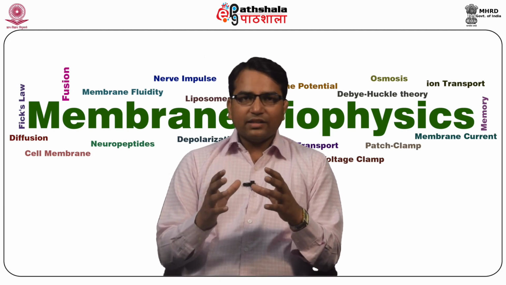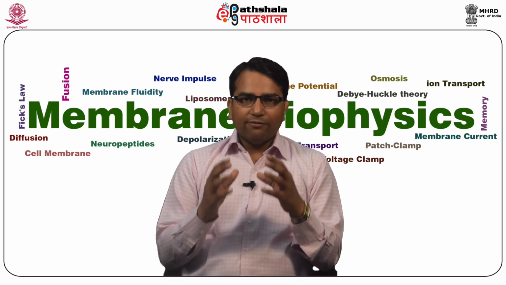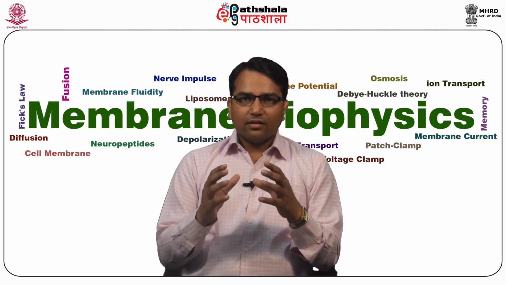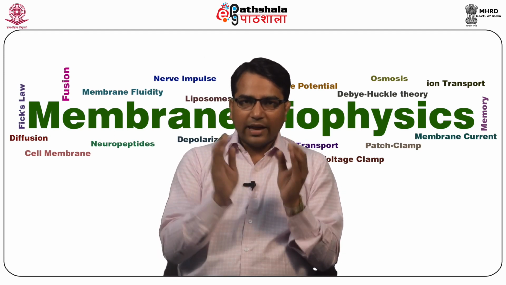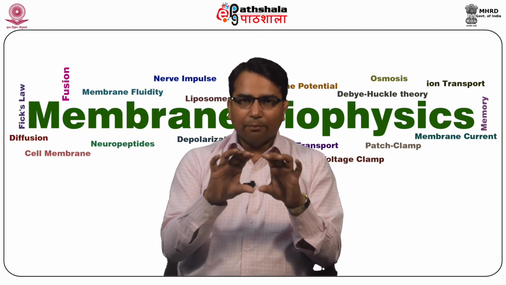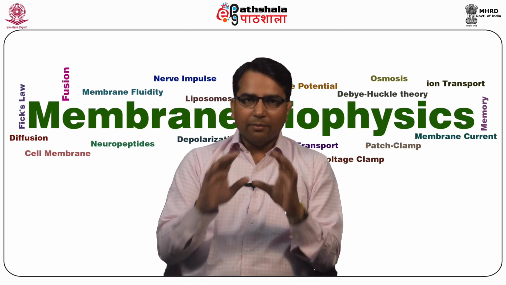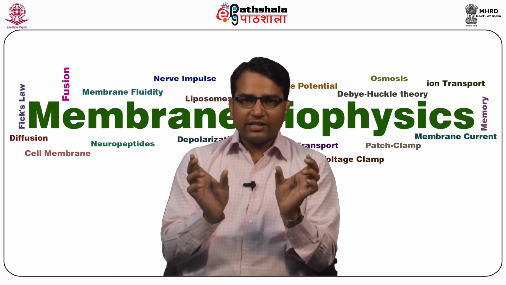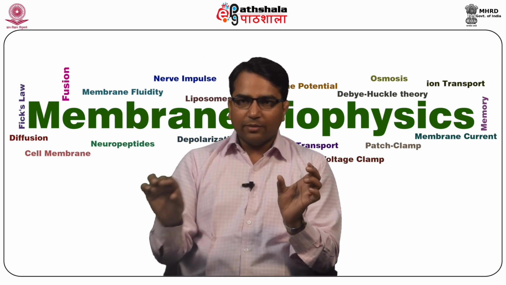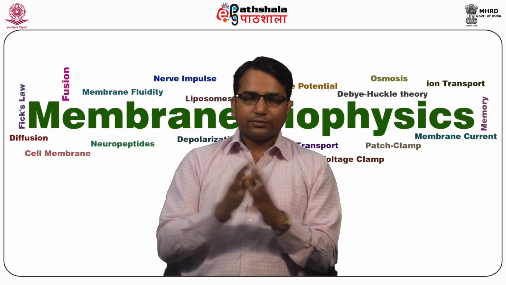So based on this model, different pieces act as mosaics and they combine together to form a membrane. Hence, fluid mosaic model. Different mosaics are embedded in the fluid of phospholipids.